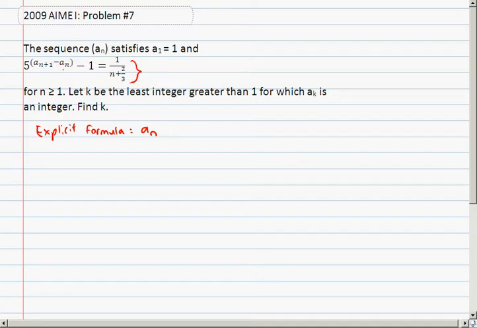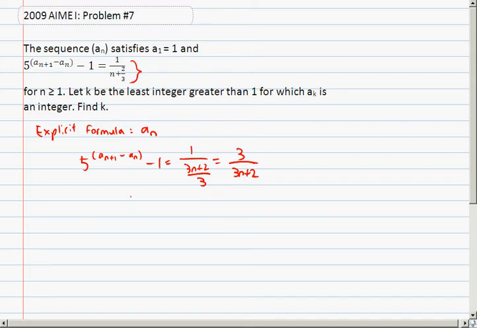So in order to do this, let's start off by simplifying the fraction on the right-hand side. And by doing so, we get the following. Alright, so the right-hand side turns into 3 over 3n plus 2.